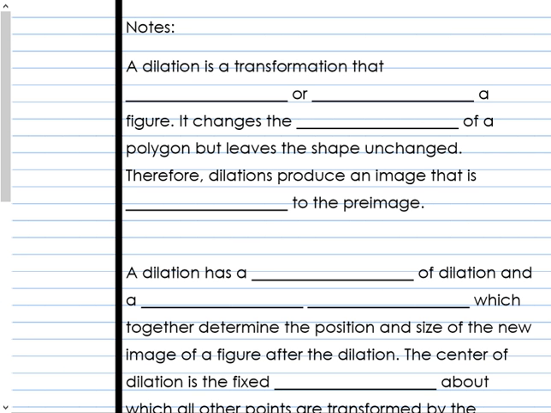A dilation is a transformation that stretches or shrinks a figure. You could also use the word enlarges for stretches and reduces for shrinks.